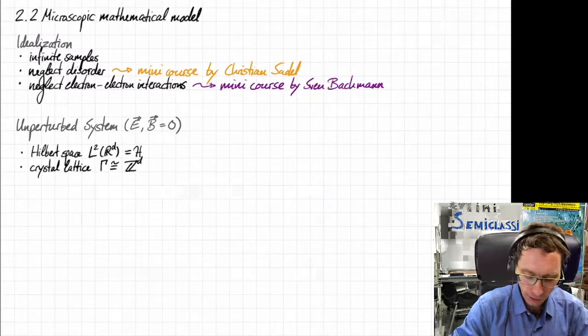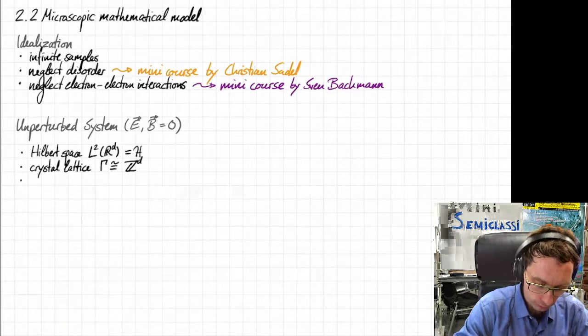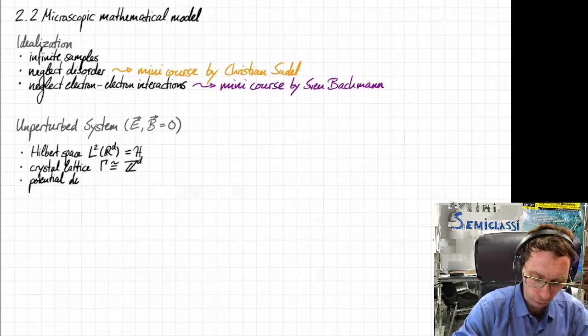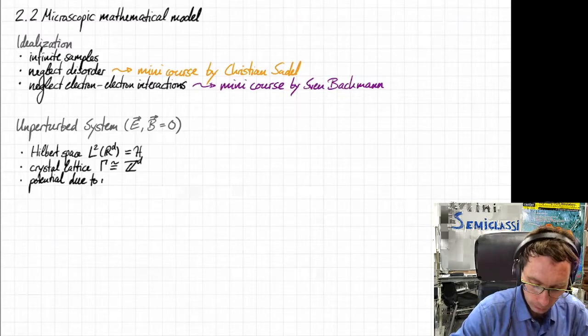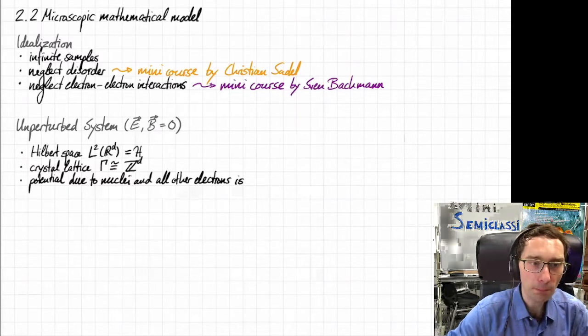And that means that the potential due to the nuclei and other electrons is Gamma periodic.